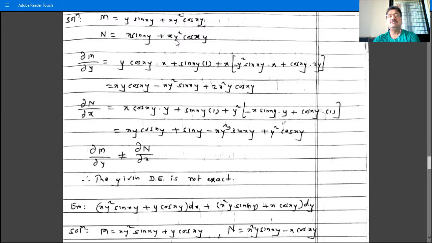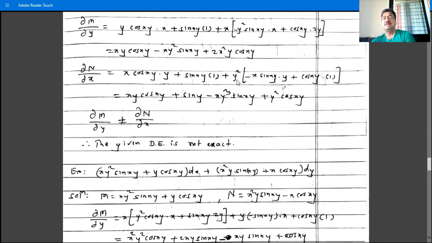Plus now this y square is constant because the derivative is with respect to x, and x into cos(xy), the u into v rule in brackets. So x cos(xy), the derivative is minus sin(xy) into the derivative of xy with respect to x, which is y, plus cos(xy), that is v, the derivative of x is 1. So by using the u into v rule, and then multiplying by this y square, after simplification we have this answer.